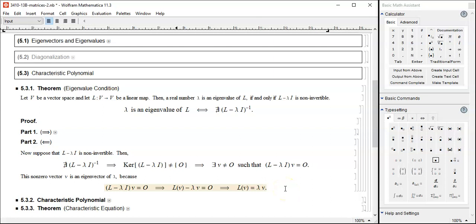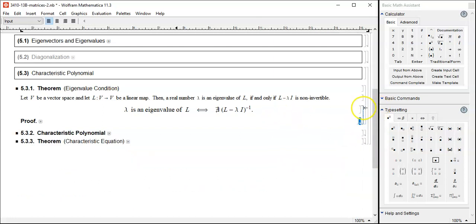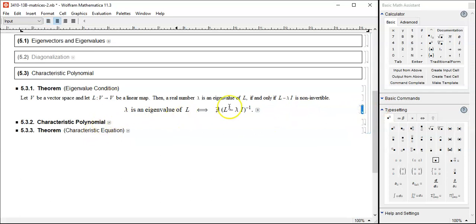If you look at this proof, it looks simple and elegant. This idea, and then from here, just simple algebraic manipulation. But as you saw before, it isn't easy actually. If we tried to set it up from scratch, it wasn't easy at all. But in the end, it comes out like this. So as a conclusion, lambda is an eigenvalue of L if and only if this linear map is non-invertible.